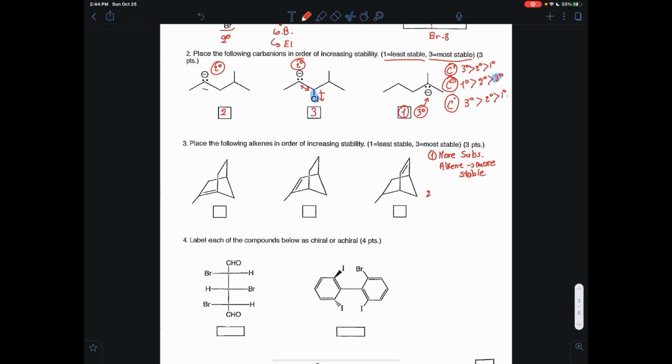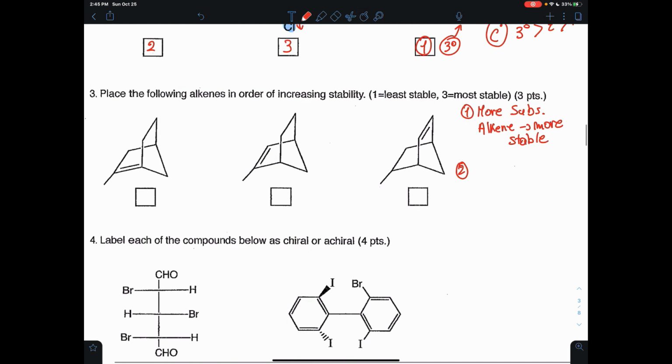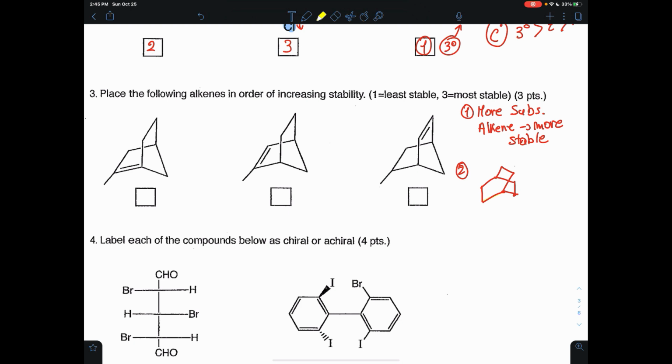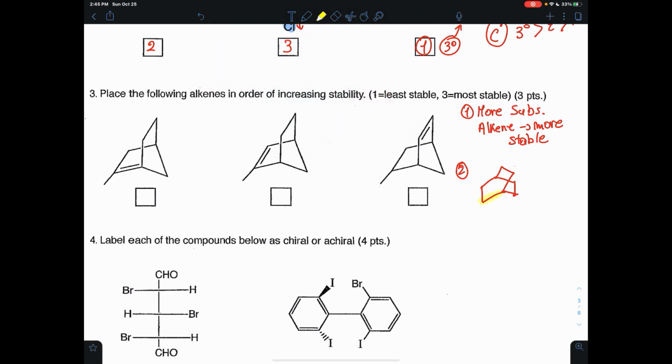The second thing is when you have those bridged cyclic compounds, you never want to have a double bond on the bridgehead. Let me just draw one. So those carbons here, let me just highlight these. Those bonds, and these also.